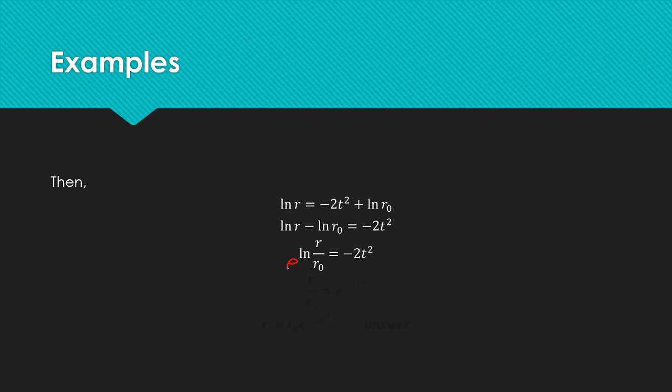So, gawin natin na power ng e yung mga terms natin. So, matitira class is maka-cancel to. We will have r over r sub o is equal to e raised to negative 2t squared. Multiply natin yung r sub o dito para mawala yung denominator and r na lang yung nasa isang side. We will have r is equal to r sub o e raised to negative 2t squared.